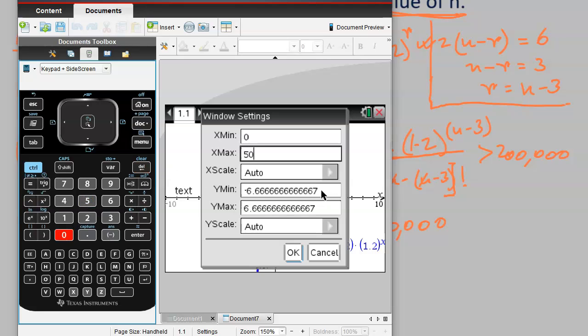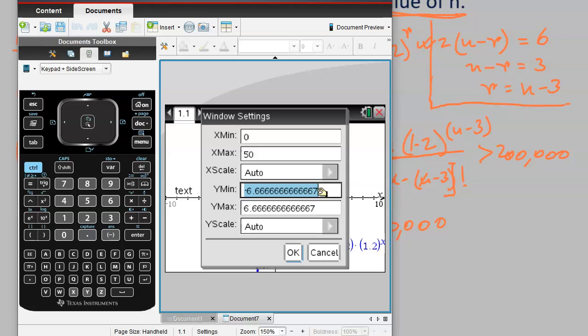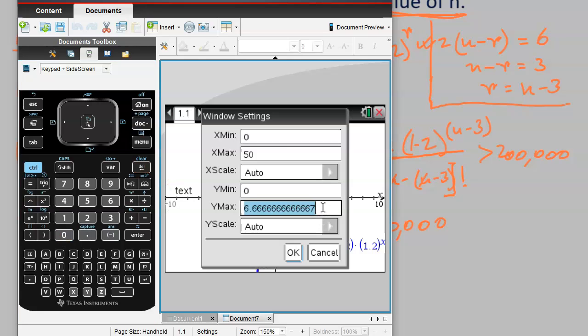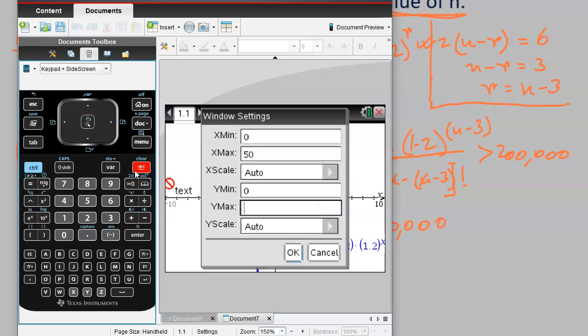And this can be again 0. And this one is y max, it will be 1,200,000. So let me take this to be 1, 4 followed by 5 zeros.